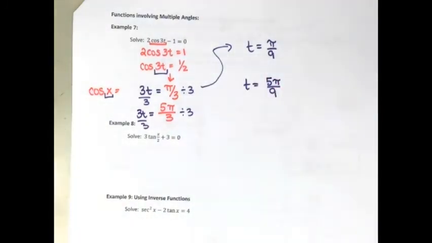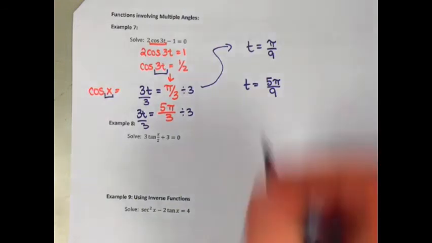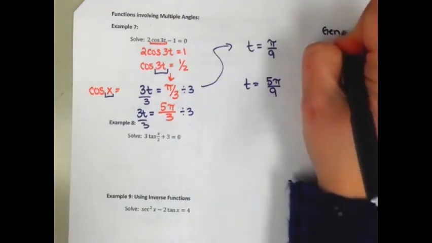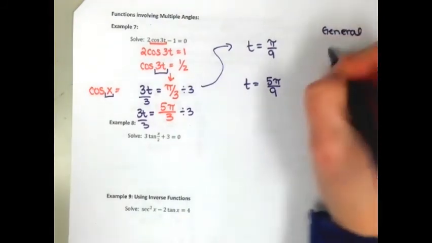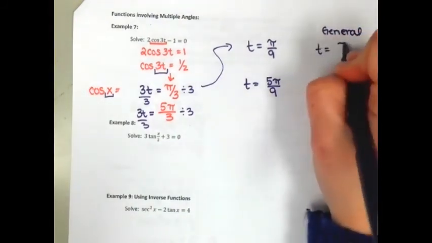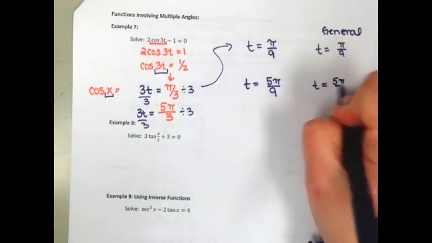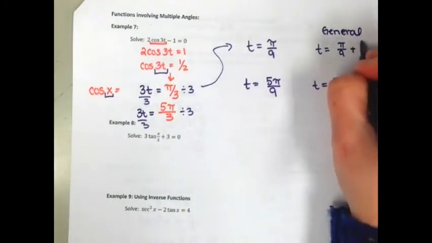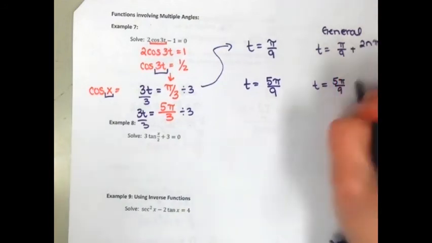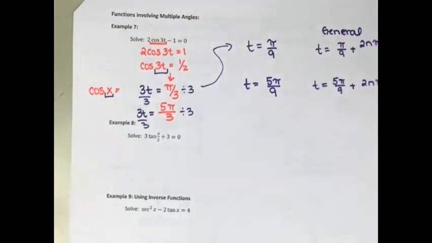Are you okay with that? Now, did this give me an interval? No, so we need our general solution. What do we add to each of these? 2n pi. However, this isn't just the cosine of x or t.